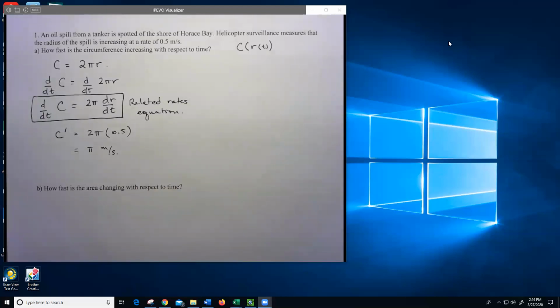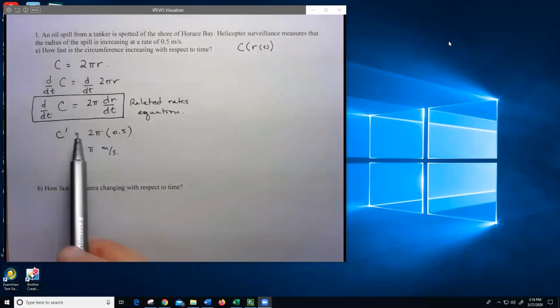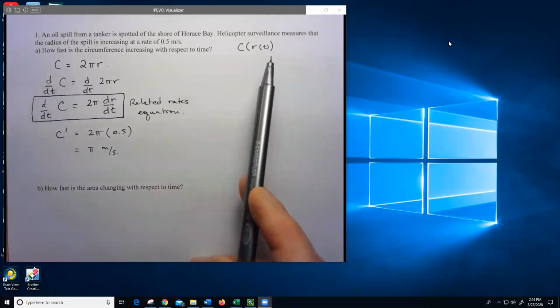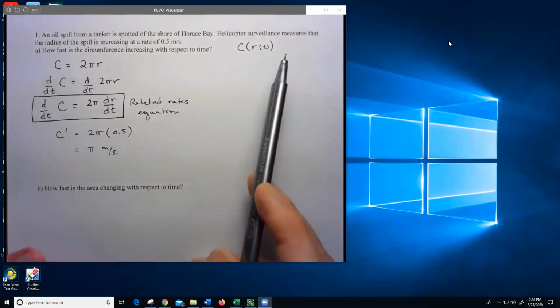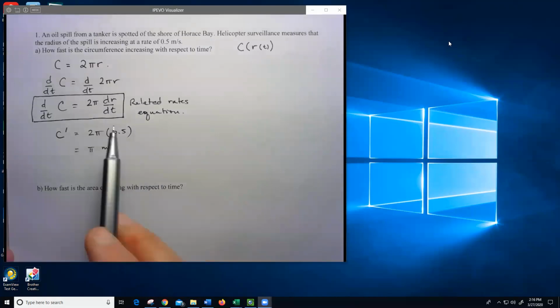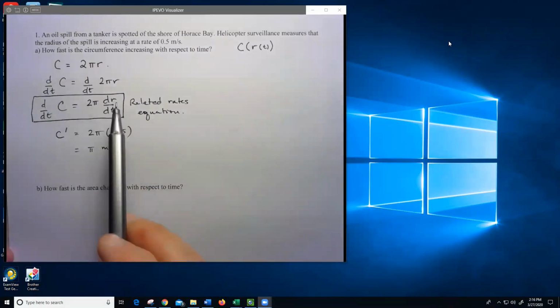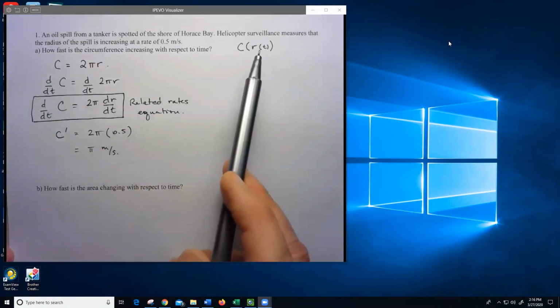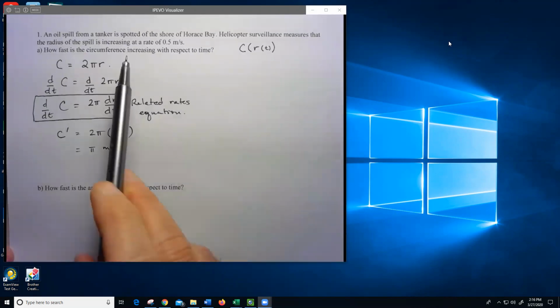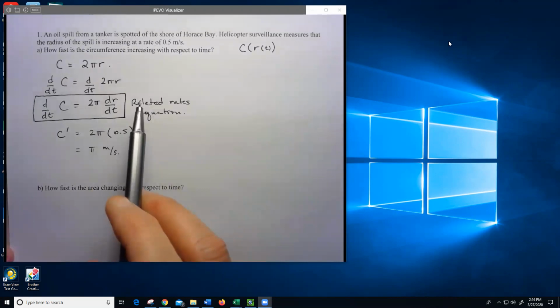Jacob is saying if the radius is equal to 0.5t, couldn't you just plug in that formula? Yeah, so that's what I talked about earlier, is that this is a very easy problem because I could have actually just come up with a function of c with respect to time. For sure, I could have done that. I'm just using this example to lead us to a different way to approach this, because your inside function isn't necessarily always going to be a linear function that you can write quite so easily, okay?